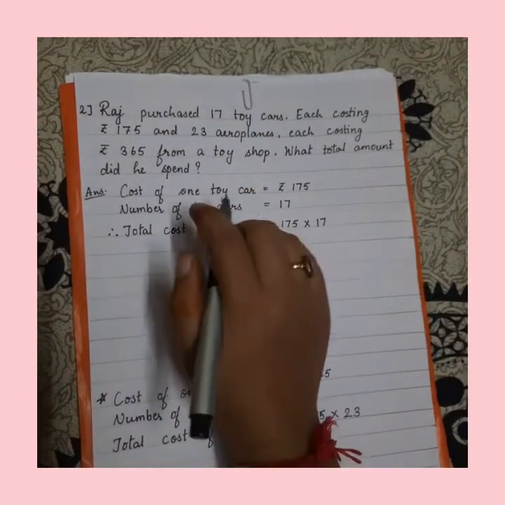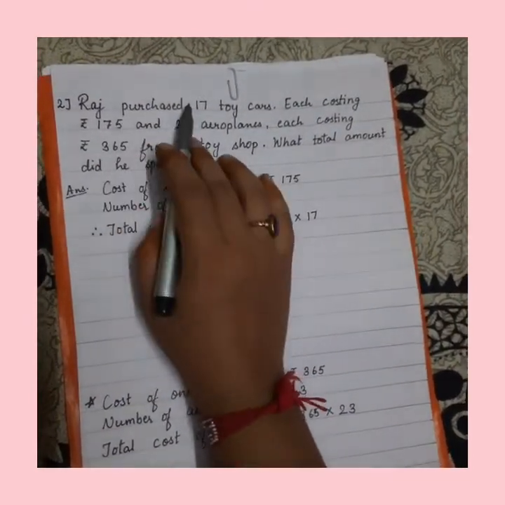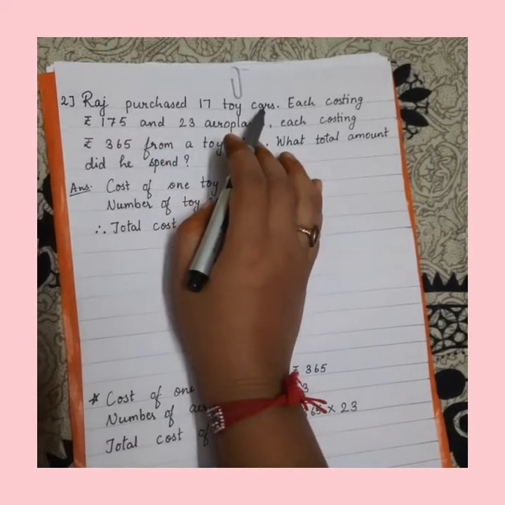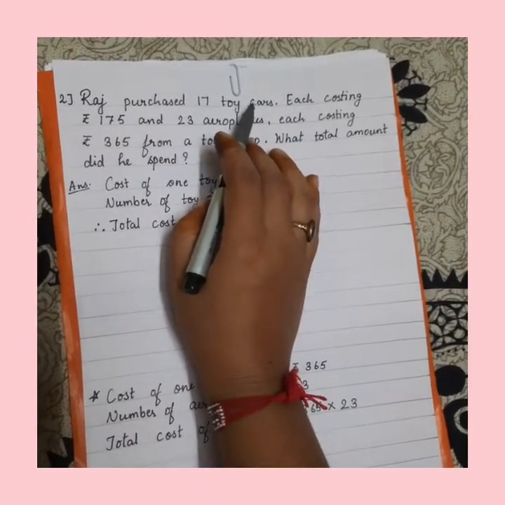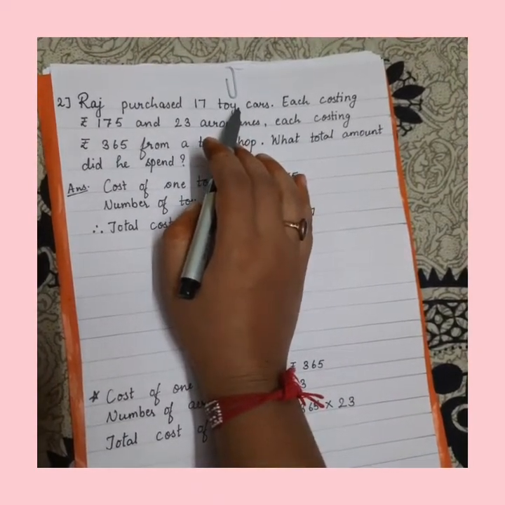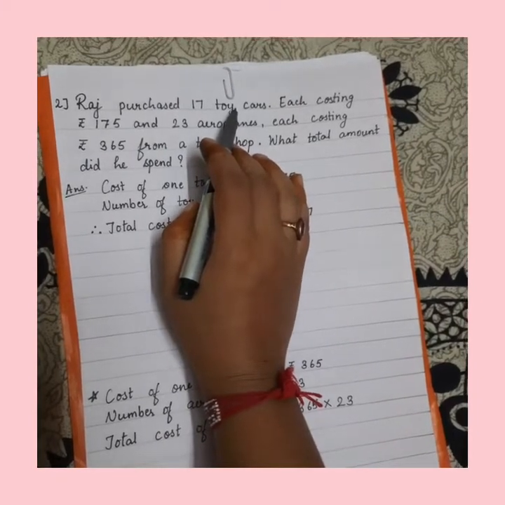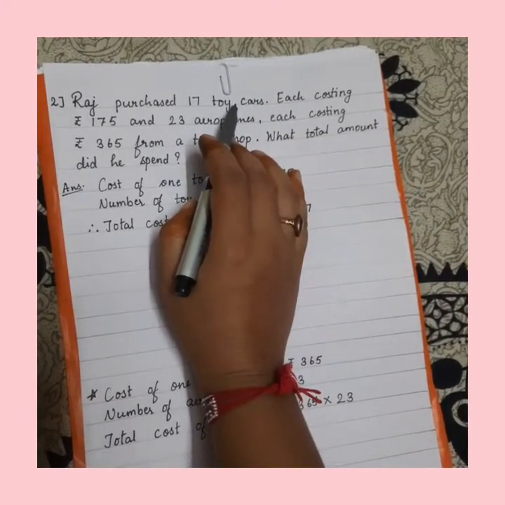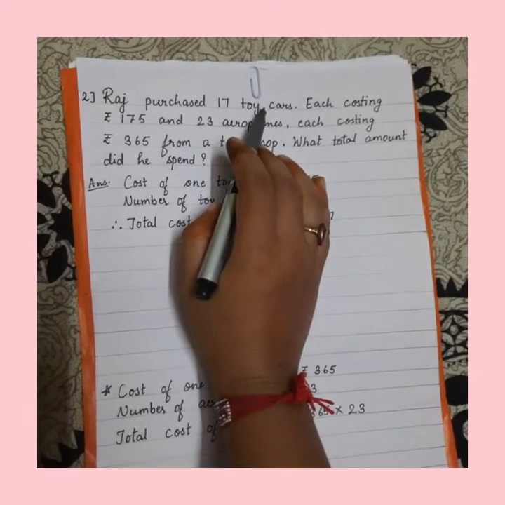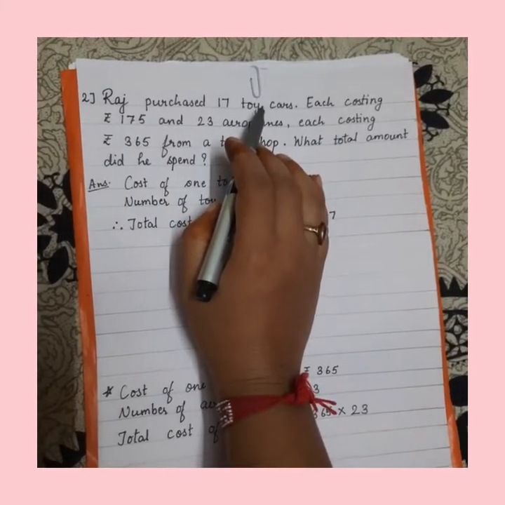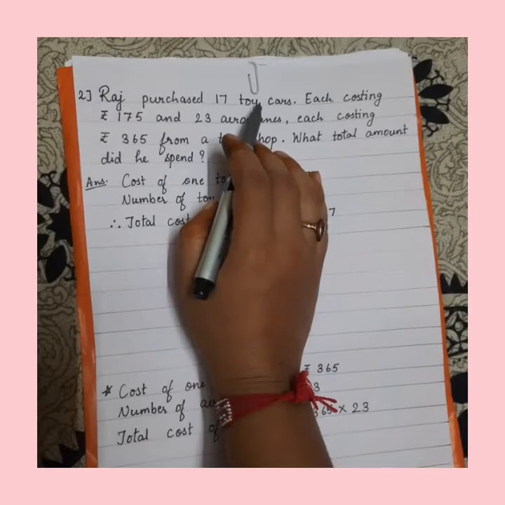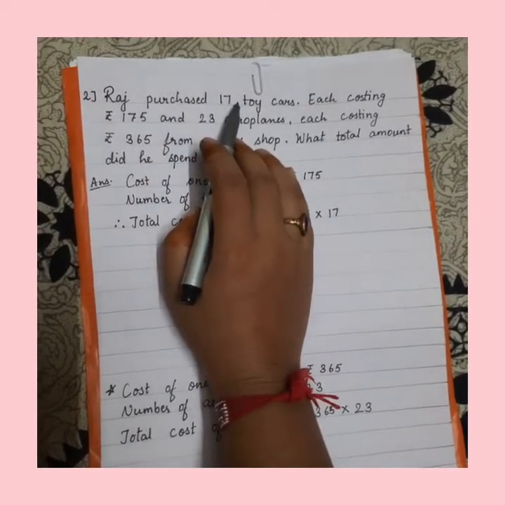Now the next question is, Raj purchased 17 toy cars. I hope you also would be liking toy cars in your childhood. And now also, if you get a remote control car you would be enjoying it. Okay, so similarly a boy is there.